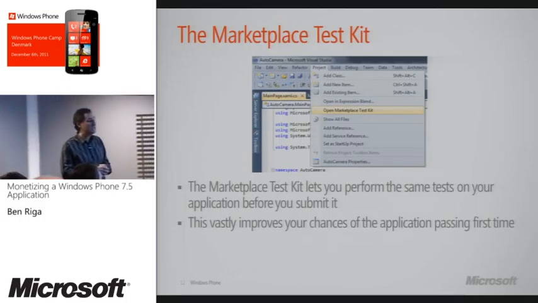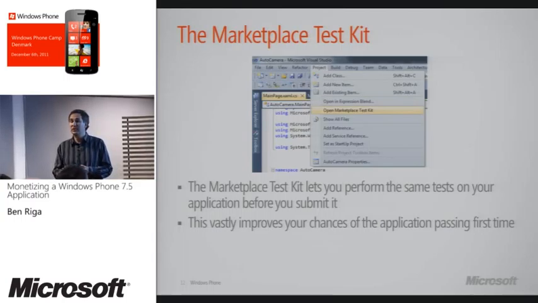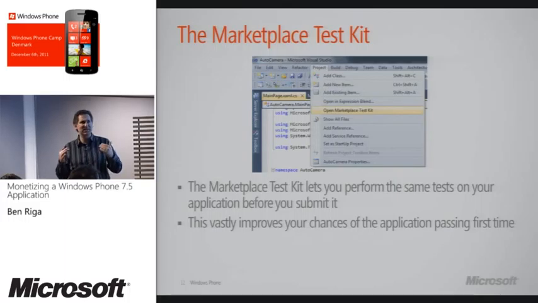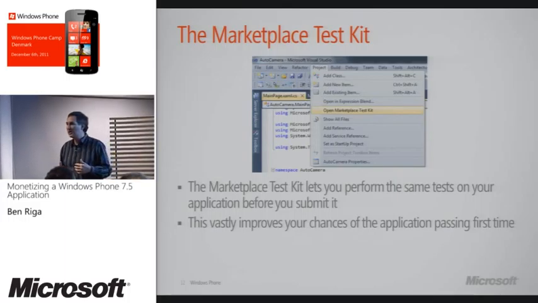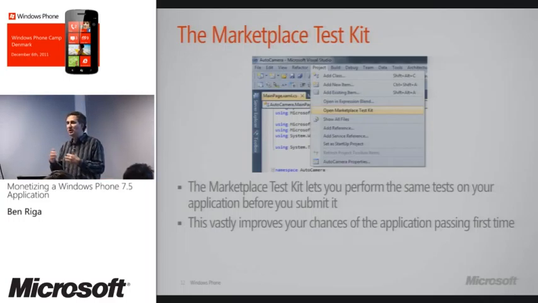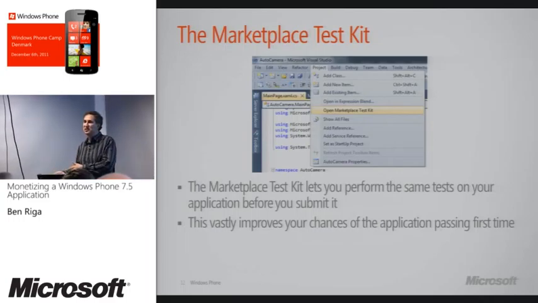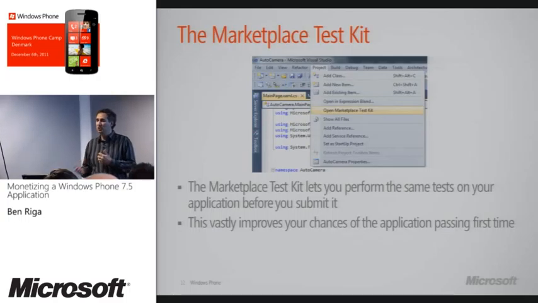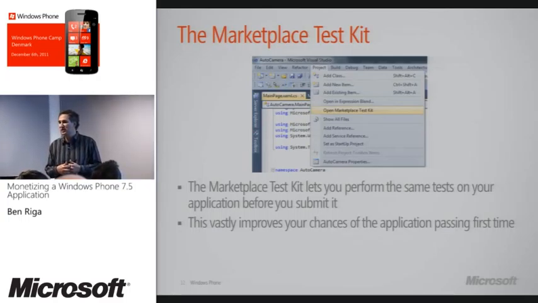There is in Visual Studio, as part of Windows Phone 7.5, the newest SDK, I guess 7.1 SDK, we now have the Marketplace Test Kit, and so you can actually run some of the same automated tests, not all of them, that we run on your code, so that you can get a much faster turnaround.